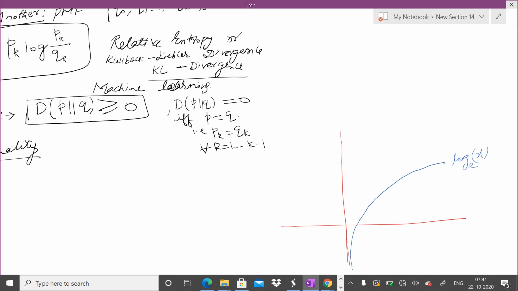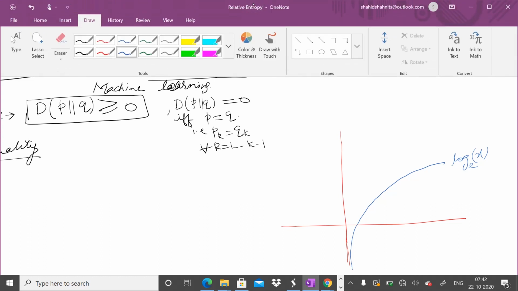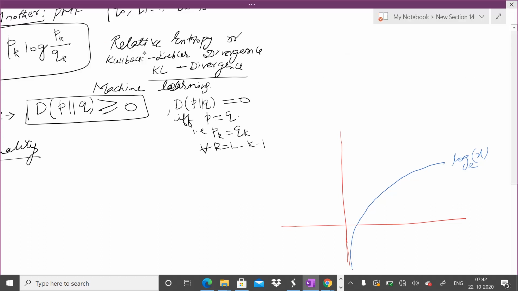The other thing you plot is x equal to 1, so this is y equal to x minus 1. I may not be accurate, and here is 1.